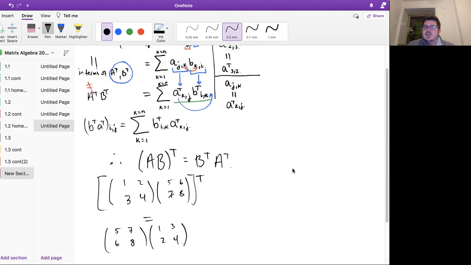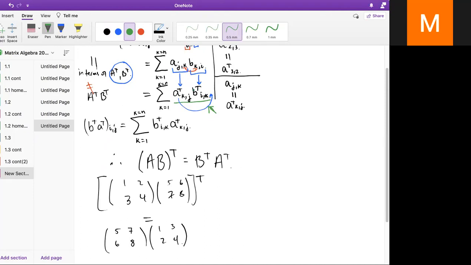So the idea is that in this form here, I could not figure out what this was the matrix multiplication of, right? Because the K needs to be, you can think of it, in the middle.